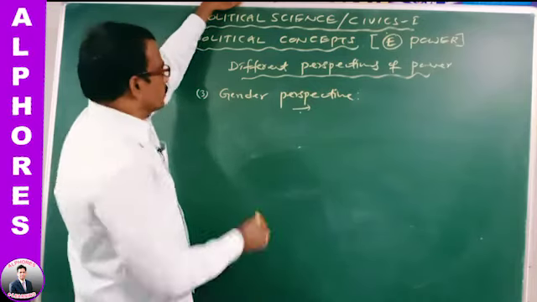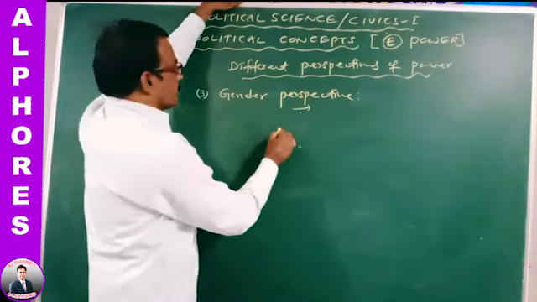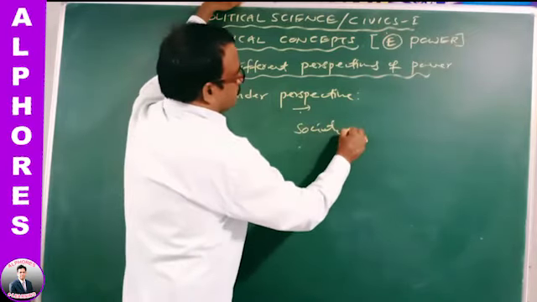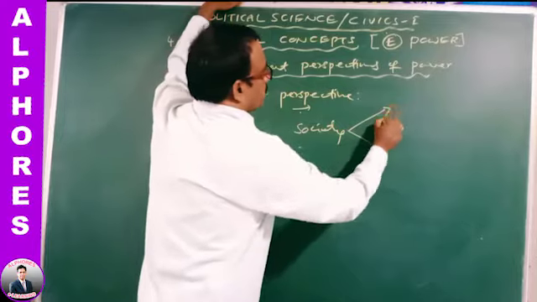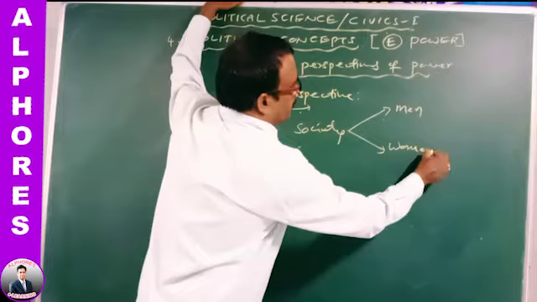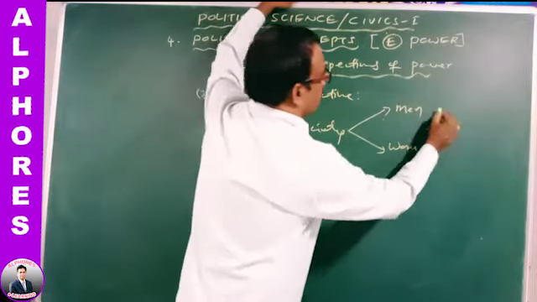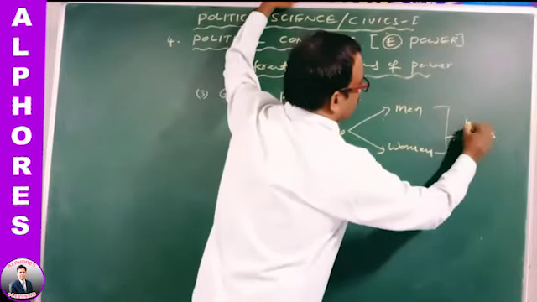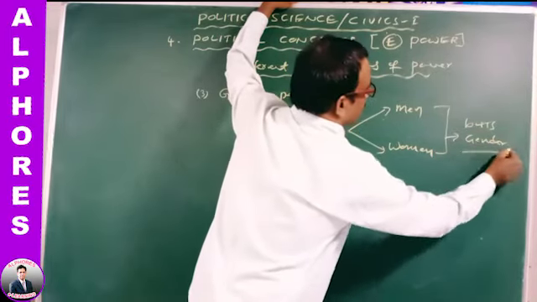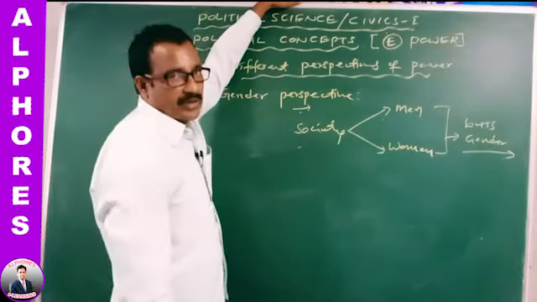Clear? So according to this perspective, the exercise of power divides the society into two groups. One is men, another one is women, on the basis of gender. Gender means whether they are male or female.